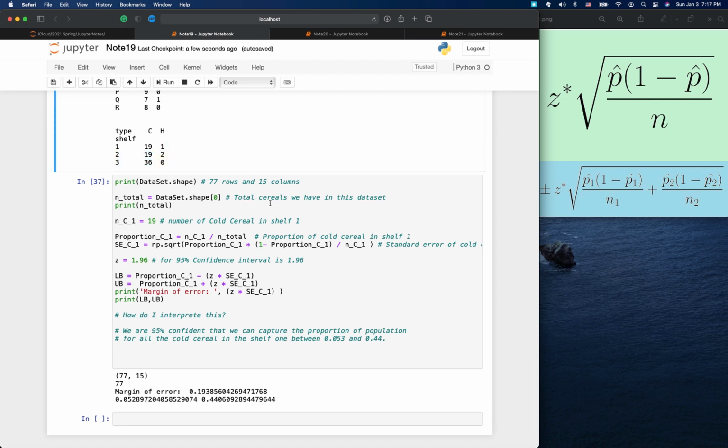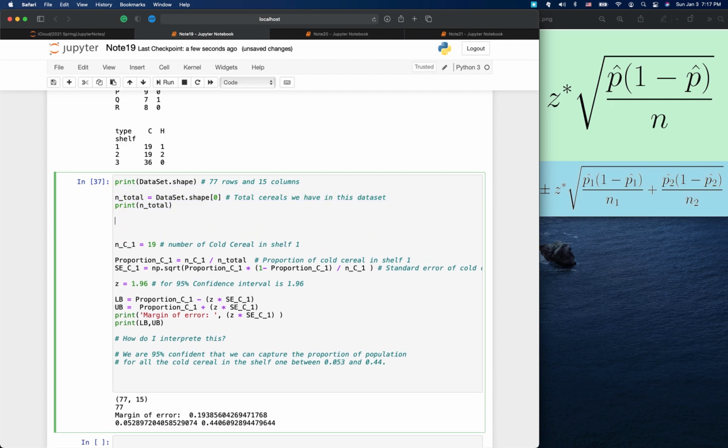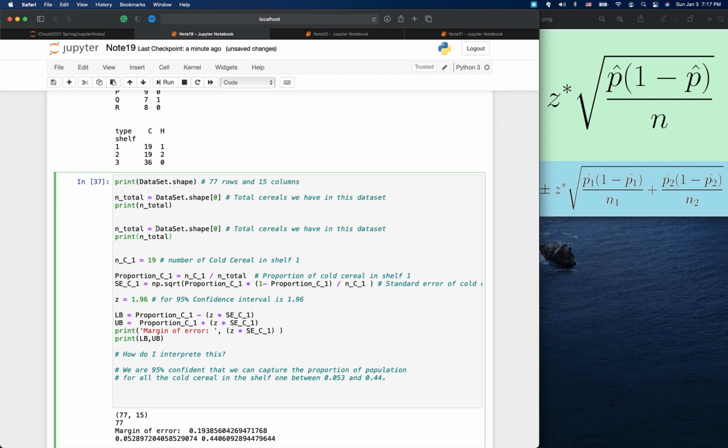So I couldn't use the total number of cereals that I have in the data set. I had to subtract 3 from it to find all the cold cereals.